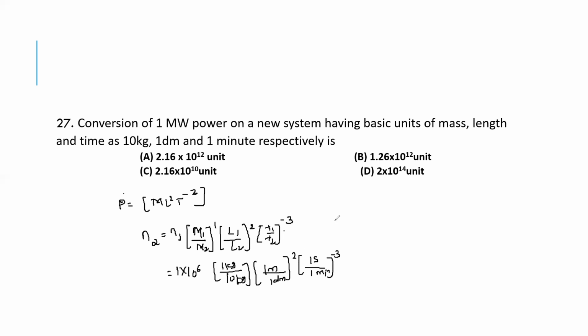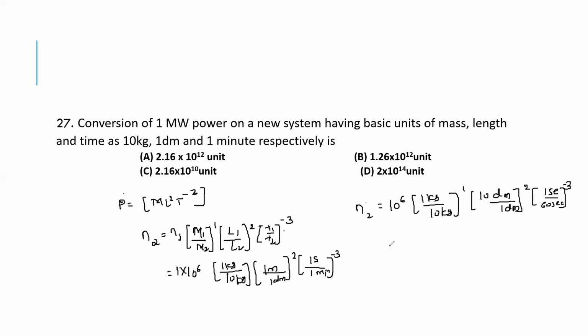So n2 is equal to, this is 10 to the power of 6 and here it is 1 kg divided by 10 kg to the power of 1, and here it becomes 10 dm divided by 1 dm to the power of 2, and here it is 1 second divided by 60 seconds, as 1 minute is equal to 60 seconds, to the power of minus 3.